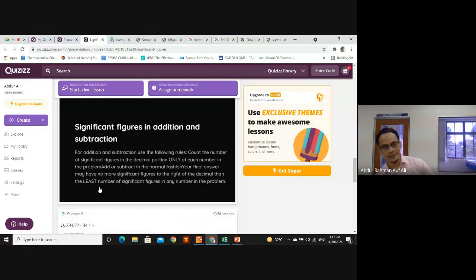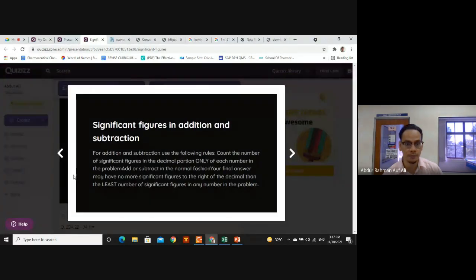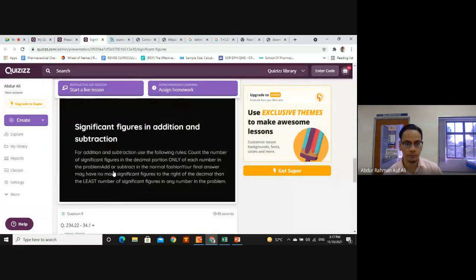So the rule here says, kita dah a standard rule, kalau kamu nak perform penambahan ataupun tolak, kamu perlu report the final value in the decimal point with the least number of significant figures.